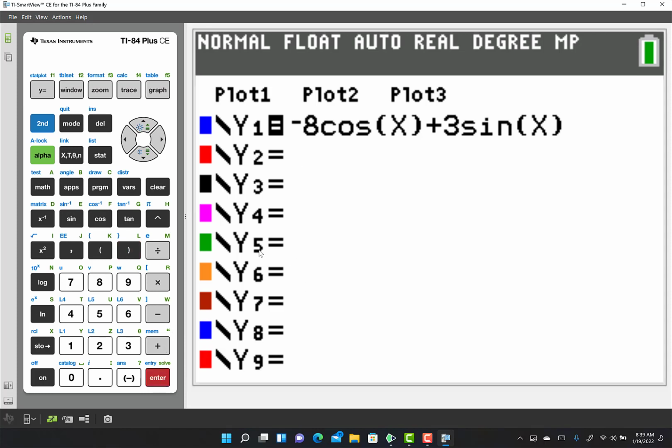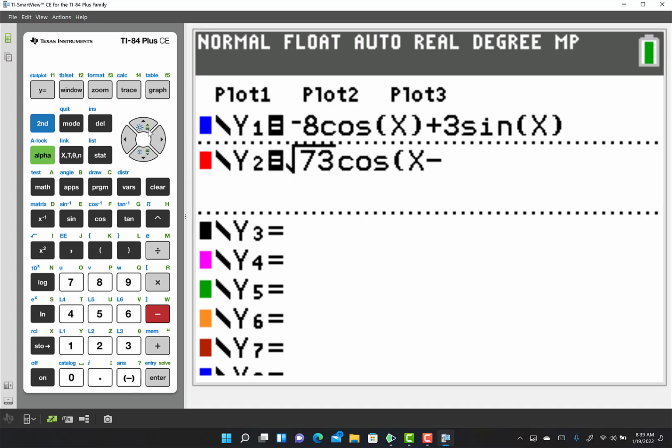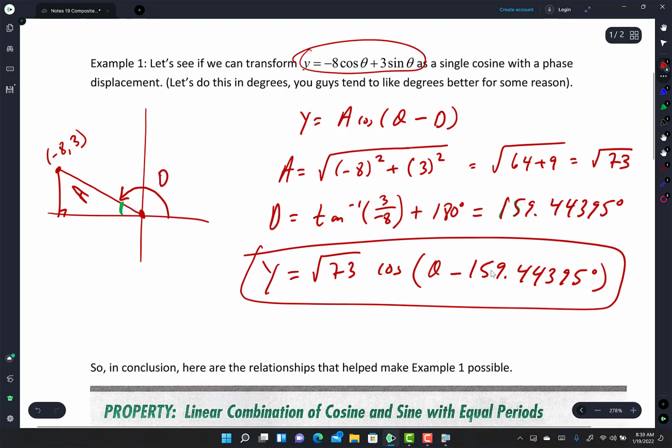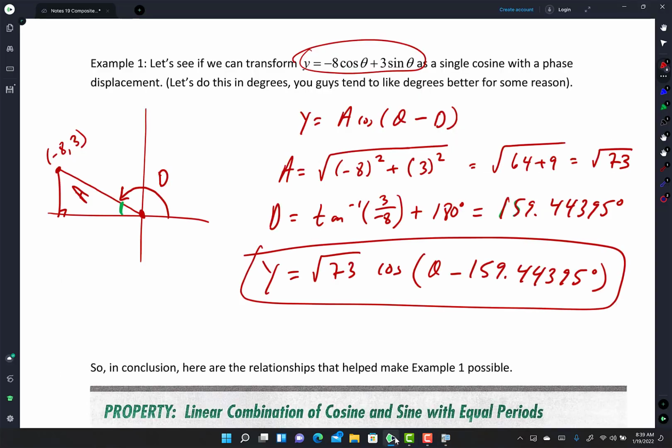And then I'm going to put my new one: square root of 73, cosine x minus, if you can use the exact, even better, 159.44395.